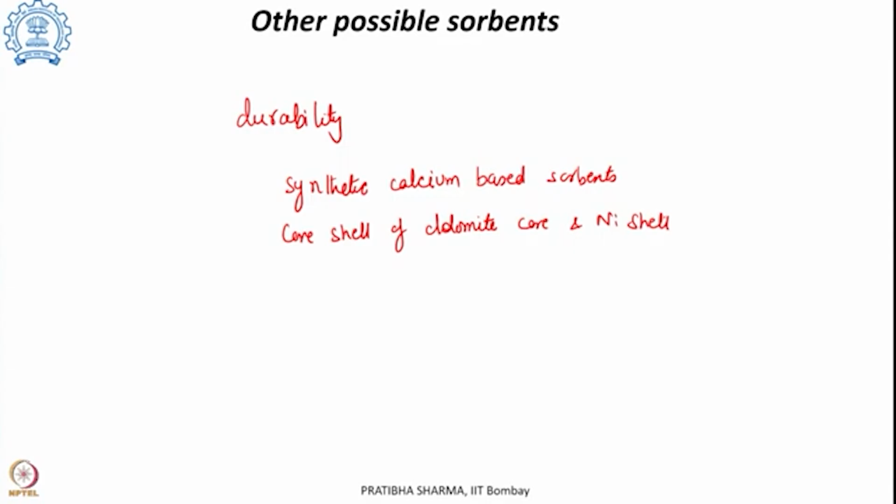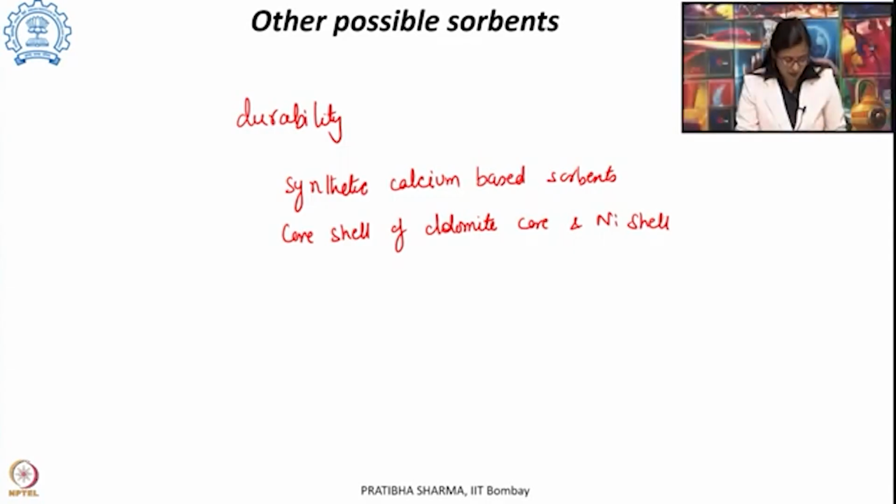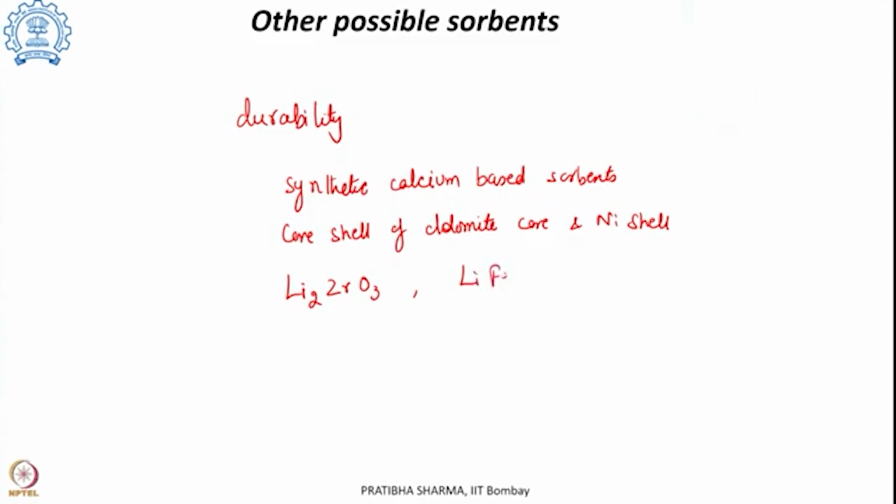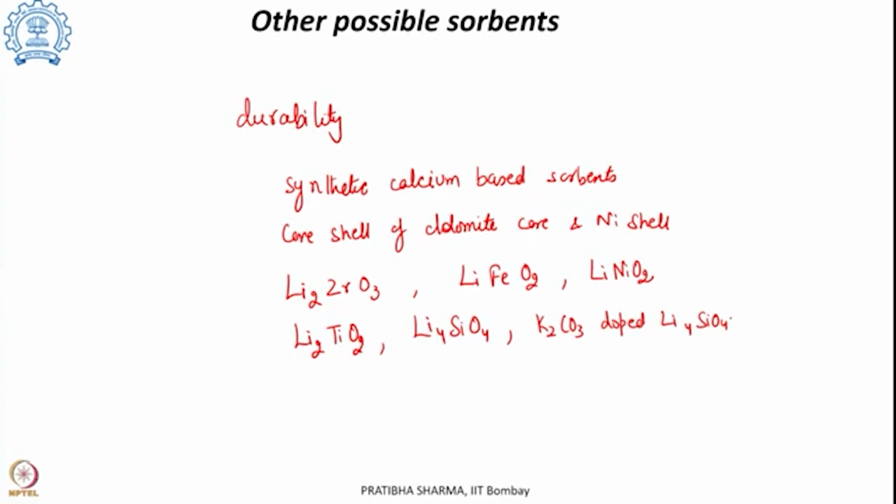There are several other materials that have also been looked at for sorbent, for example Li2ZrO3, LiFeO2, LiNiO2, Li2TiO2, Li4SiO4, then K2CO3 doped Li4SiO4. So, there are several other sorbents which have been looked at.